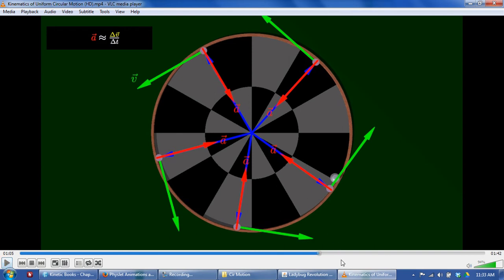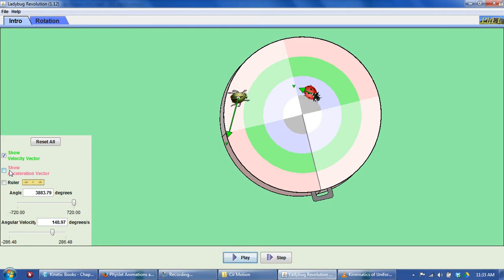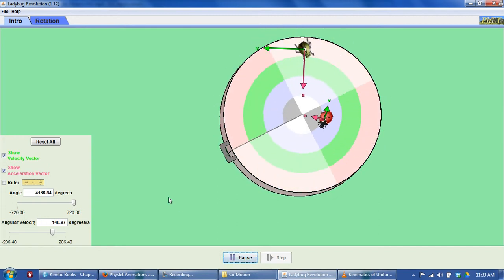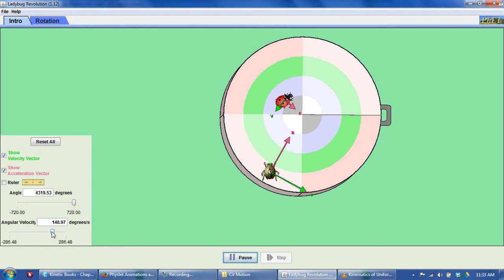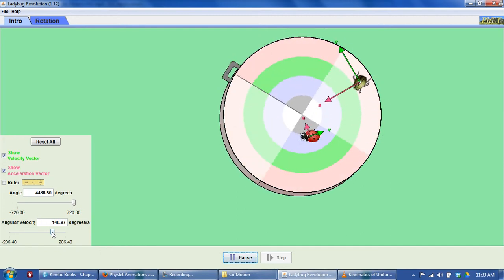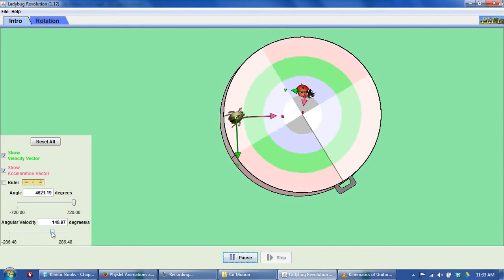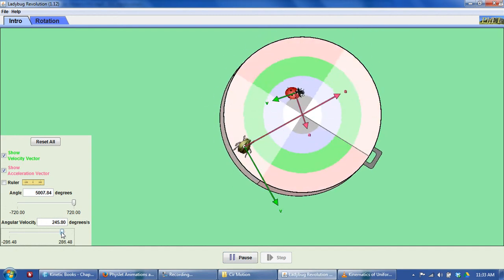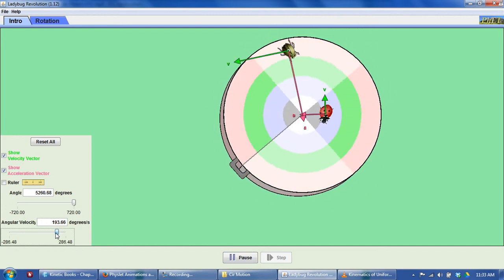So always in there. And if I pull out our ladybugs here again, and now I show the acceleration vectors, you'll notice they're pointed right there towards the center because they're not changing the speed, they're not changing the magnitude of the velocity, but they are changing its directionality. If I speed this up, again, look at how much larger they get.